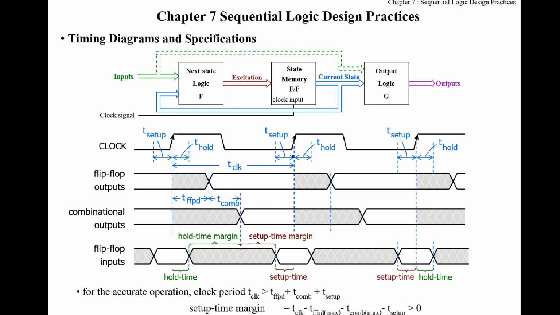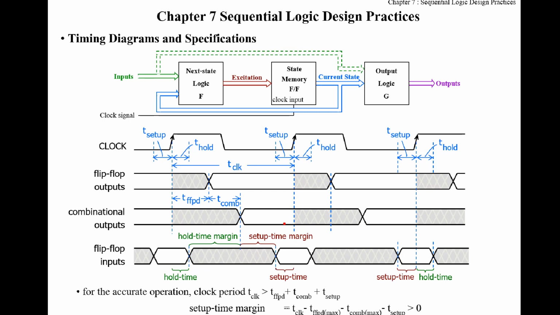So when the clock ticks, the output of F is available, and the flip-flop will read the data from the excitation signal and update the new state with the propagation delay of the flip-flop, and repeat again and again.